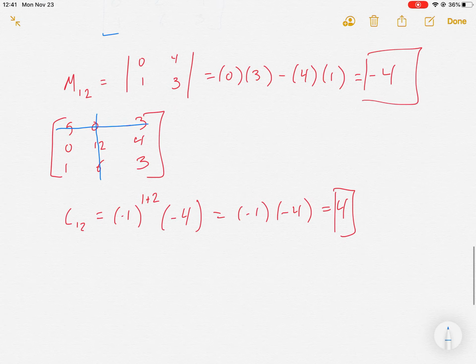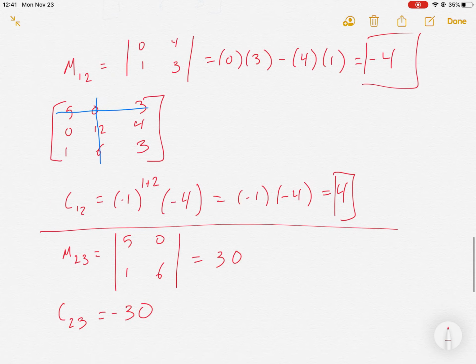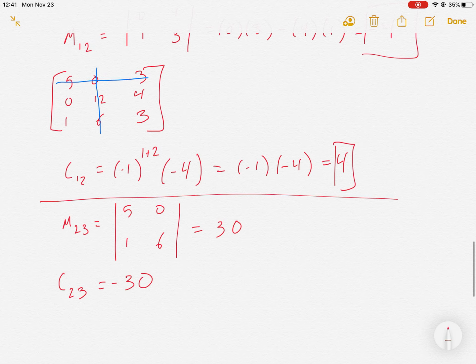Let's do M2,3. This would be the determinant of the matrix 5, 0, 1, 6. So this would end up just being 30. The cofactor of 2,3 would end up being negative 30. Okay.